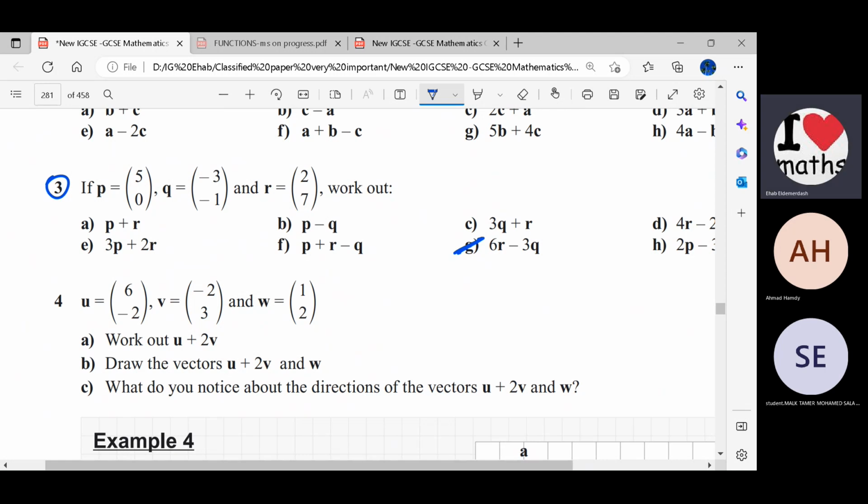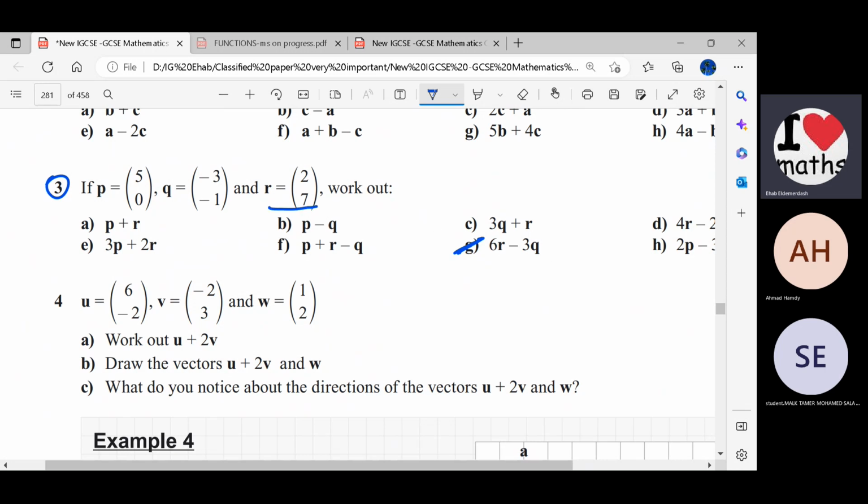Come on guys, try to do it. I need to find out 6R minus 3Q. Let's play this game. 6R means what?